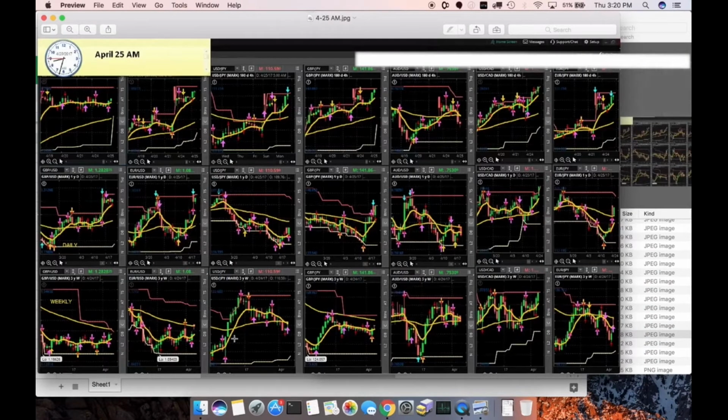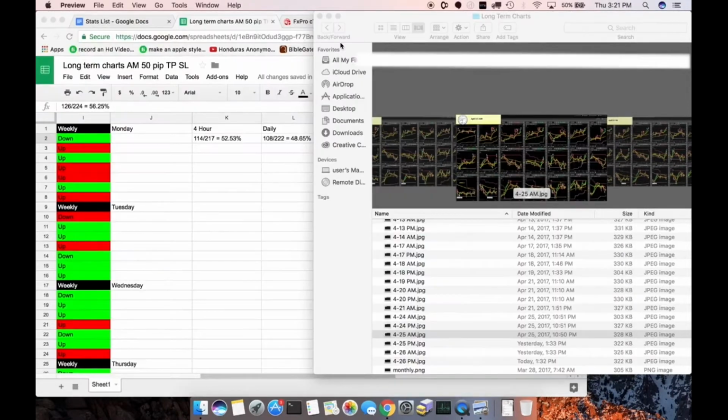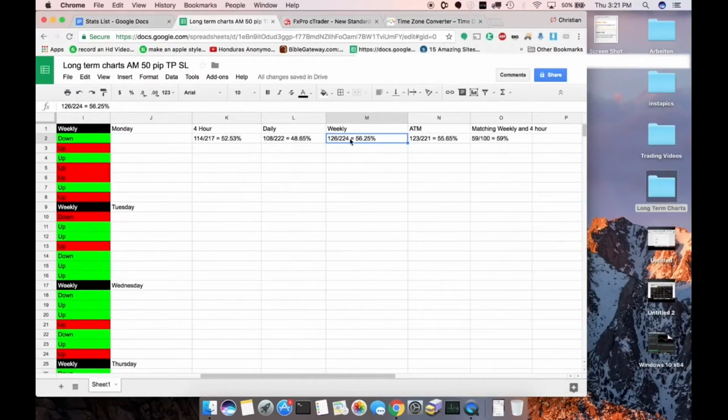If you take a look at the EU, for example, I think you'll see in a minute, but the EU and the UJ are the two best ones. Most of the time, it's going up with the weekly signal. Down, down, down, up, up, up, down, down, down, up, up, up, down, down, down. Most of the time, except during reversals. Okay. So if you're taking anything just by itself, it would be the weekly.